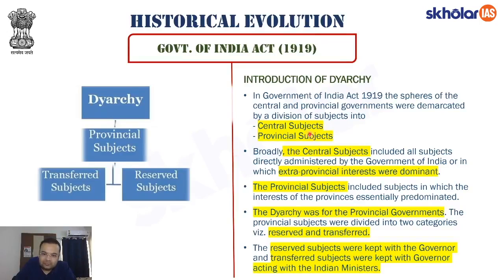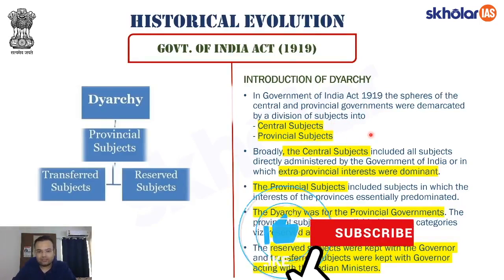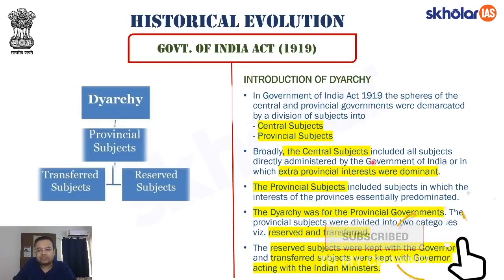Thus, the subjects were divided into central subjects and provincial subjects. I hope this point one is clear. Then what happened? The central subjects included all subjects directly administered by the Government of India, or in which extra-provincial interests were dominant.